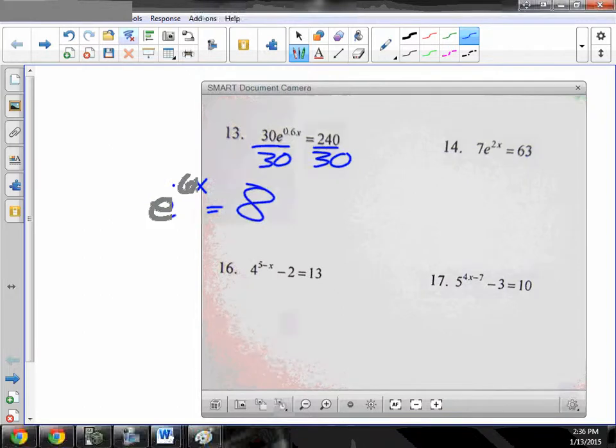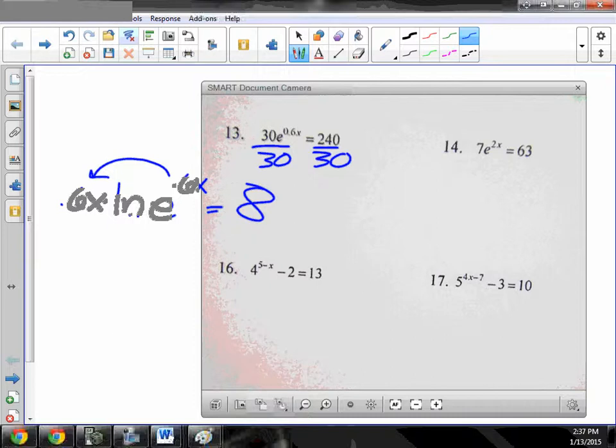The nice thing about natural log, when you have base e in your exponent, it works out really well. Drop this down. What is the ln of e? E to what power is e? 1, and 0.6x times 1 is just 0.6x.